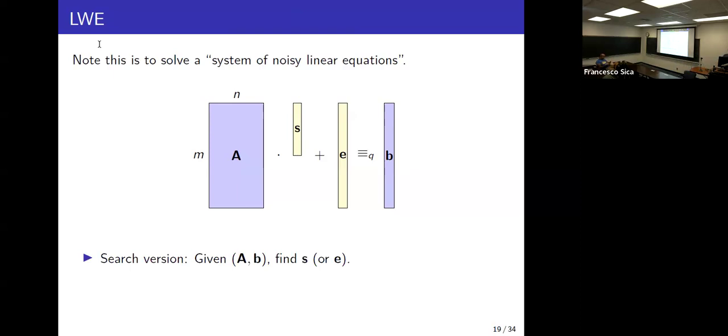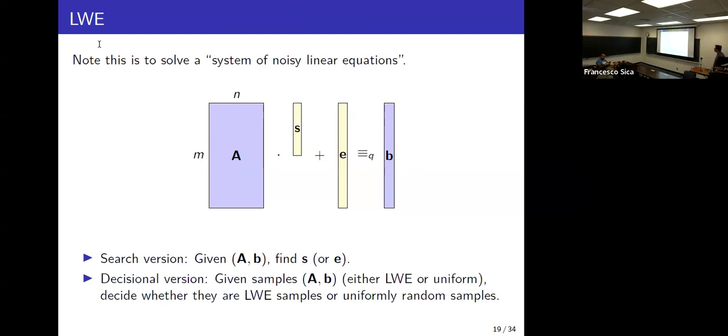The problem I mentioned before is called the search version. Given A and B, we are asked to find either S or E, and it's equivalent to find either of those. But in the security proofs, like the proof I mentioned before, if I want to prove that LWE reduces to a scheme, we usually use the decision version, because it's easier to use to complete these proofs.